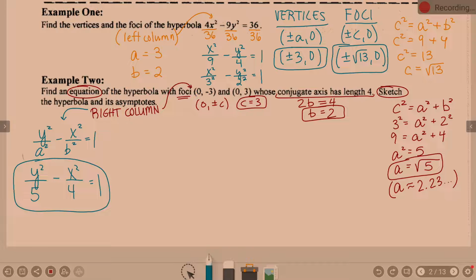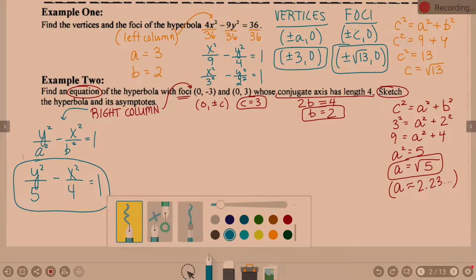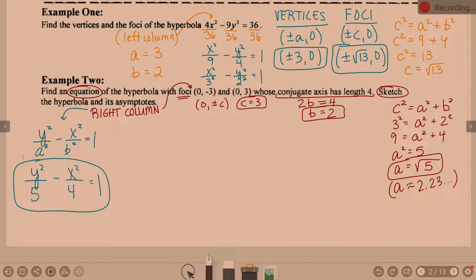Okay. We ready to learn how to graph these guys? I will say there are some similarities to graphing the ellipses, but hyperbolas are definitely one on their own. So I'm going to set up my axes here, smack dab in the middle.